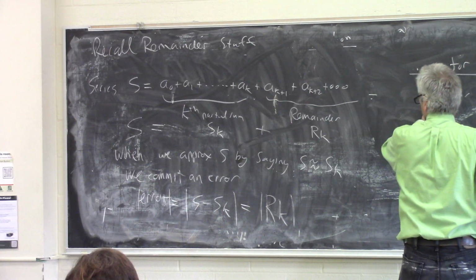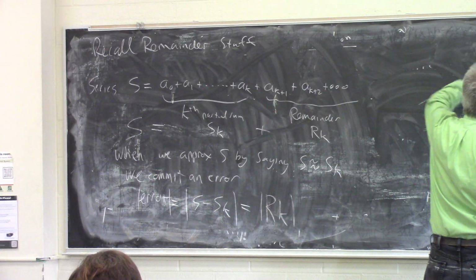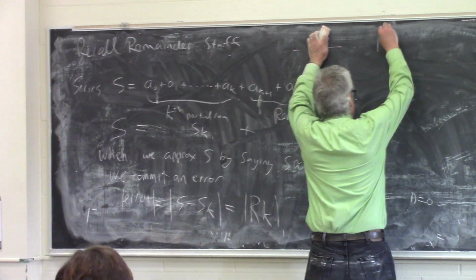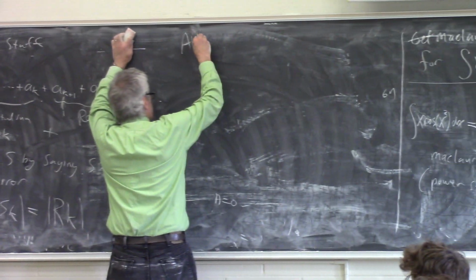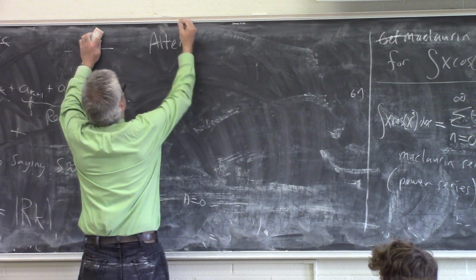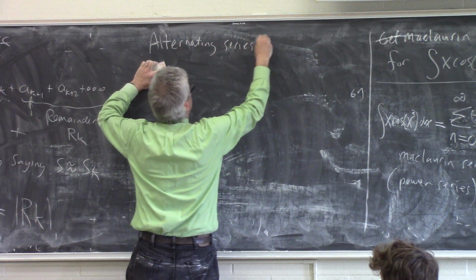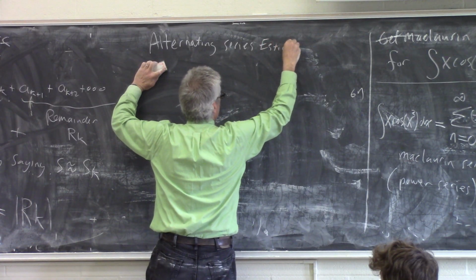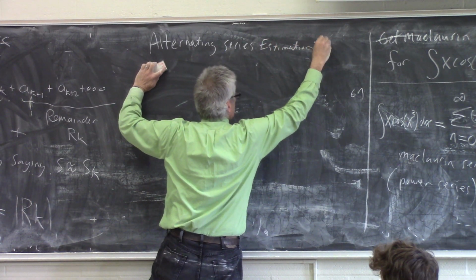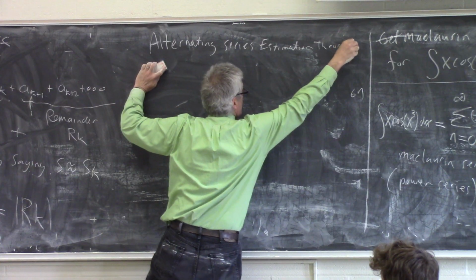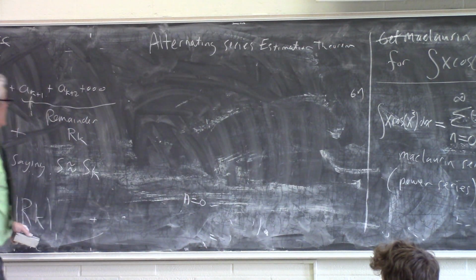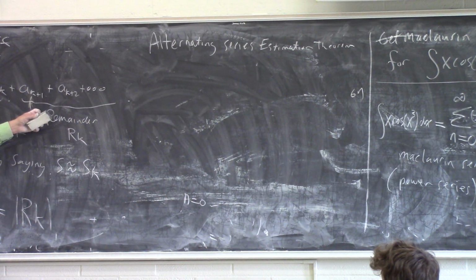Now, anybody remember something about alternating series? Yeah, the alternating series estimation theorem. Figuring out what this error is is hard because the error is a whole series of its own. It's an infinite tail.